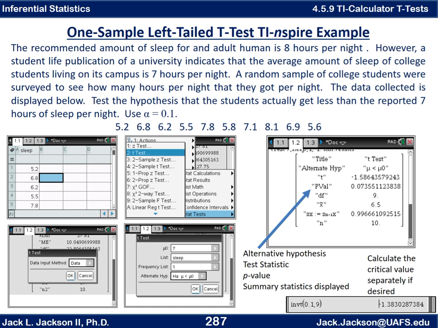And the only thing it doesn't do is a critical value, and if you need that, you can do it separately again as an inverse t of 0.1, 9, and there's a critical value if you need it or if you decide you want it. Okay, so that's the nspire version.